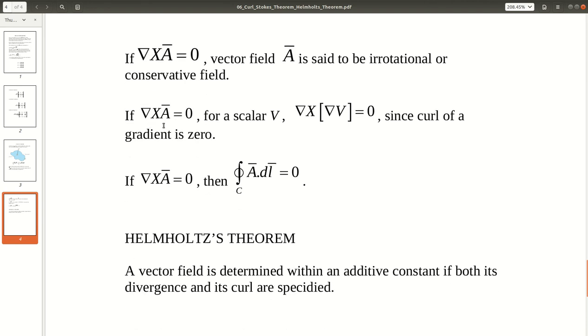If the curl is 0 for a scalar V, meaning that you take the curl of a gradient, the gradient here is a vector, so we mean that we take only the curl of a vector, which gives us some value. Again, if the curl is 0, then the other side is 0.